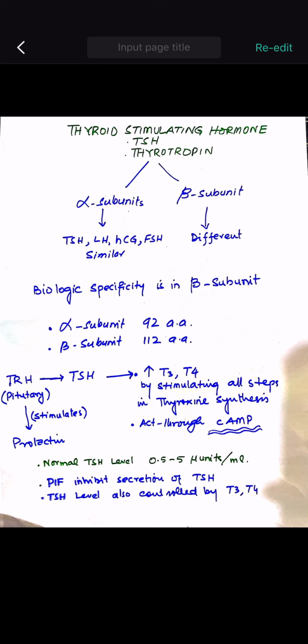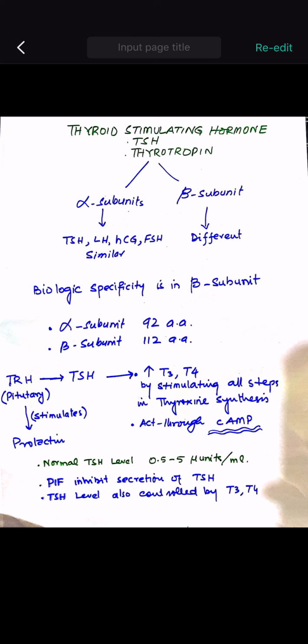Thyrotropin releasing hormone is secreted by the hypothalamus and it stimulates prolactin in one instance, and it stimulates TSH secretion, which in turn increases T3 and T4 levels by stimulating all the steps of thyroxine synthesis that we studied in our previous lectures.